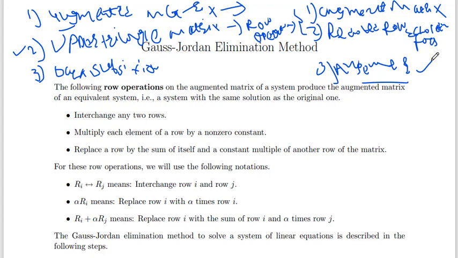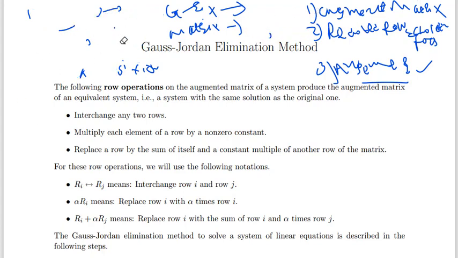The answer will be the same. But if they have specifically asked you to use Gauss-Jordan elimination, then you have to use Gauss-Jordan elimination. So this is the basic difference. Now let's start.